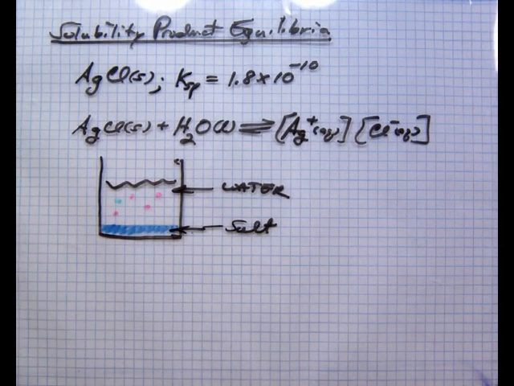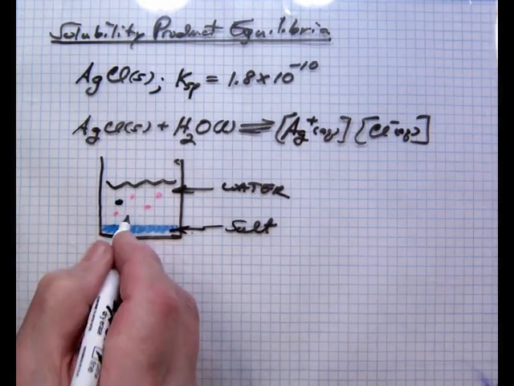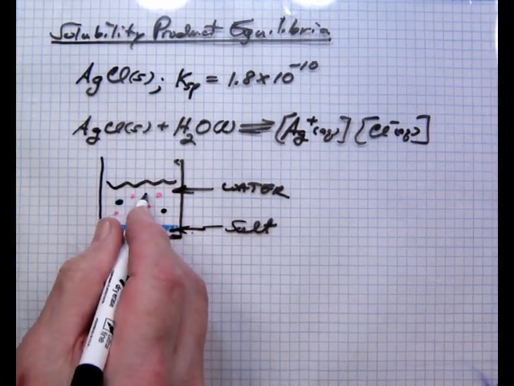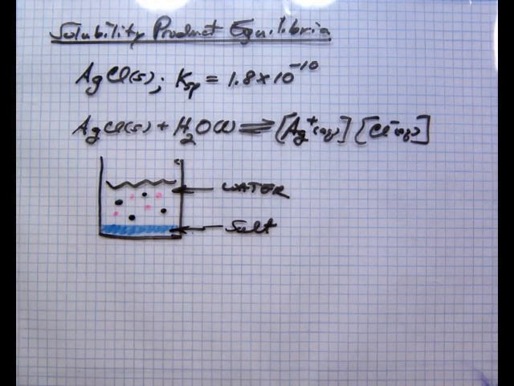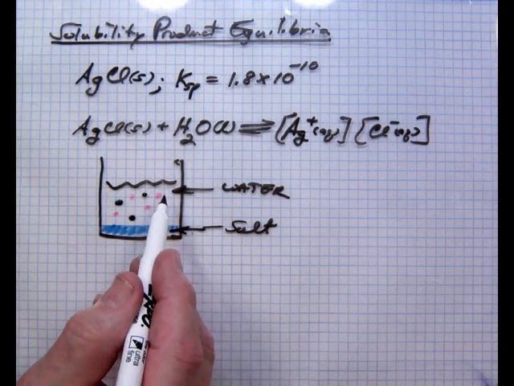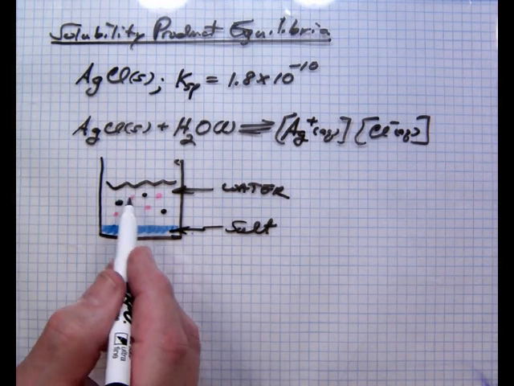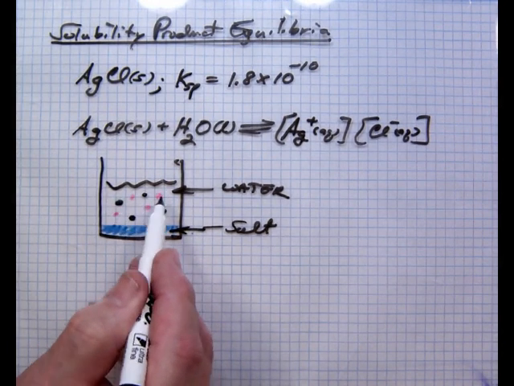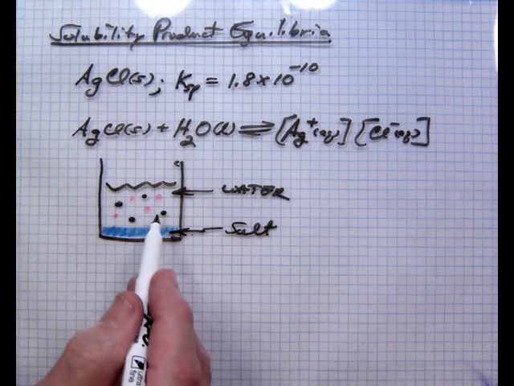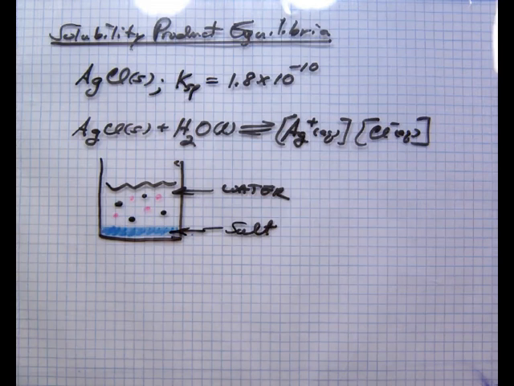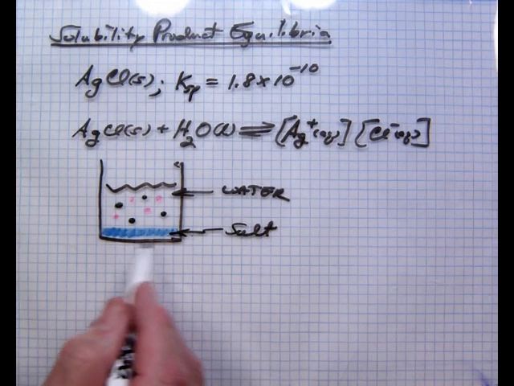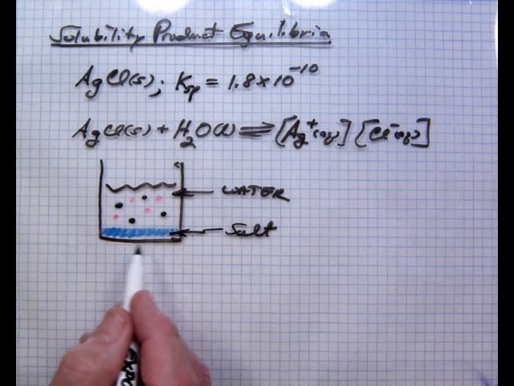I'll just use black. There's the chlorine. Right there. So there are only a small number of silver ions and a very small number of chloride ions. Watch, this is where I'm getting to. Compared to the massive amount of solid down here.